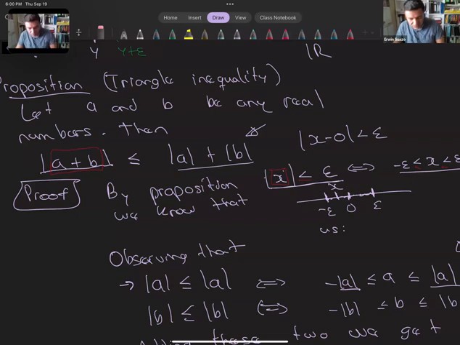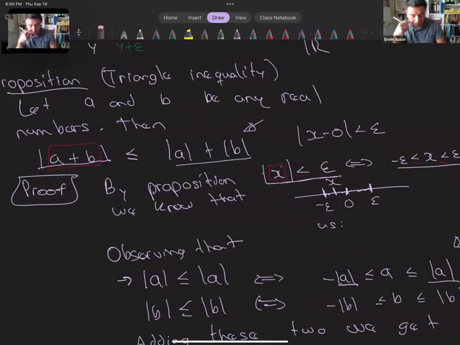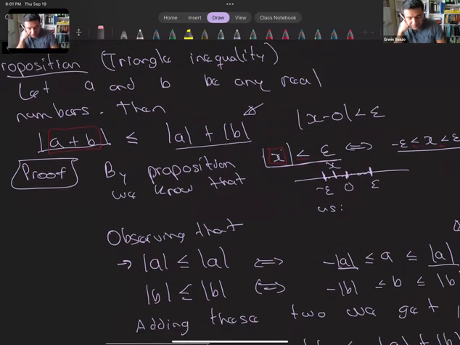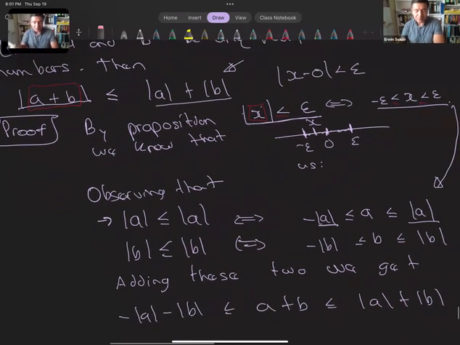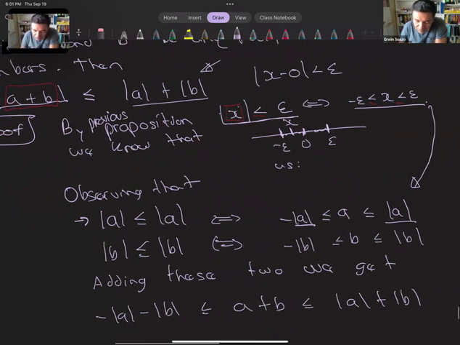Okay, so let's read the proof. Proposition: let A and B be any real numbers, then the absolute value of A plus B is less or equal to the absolute value of A plus absolute value of B. So by, let's say, the previous proposition, we know that the absolute value of x less or equal than epsilon if and only if x is between minus epsilon and epsilon, right?